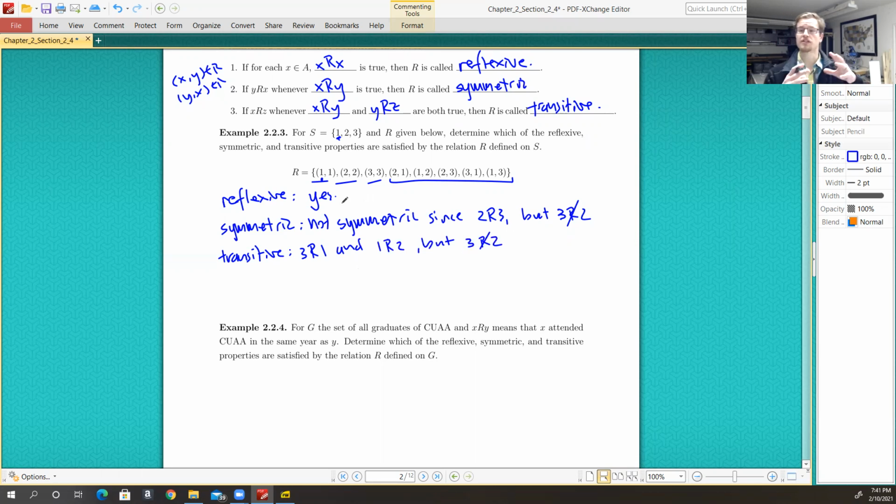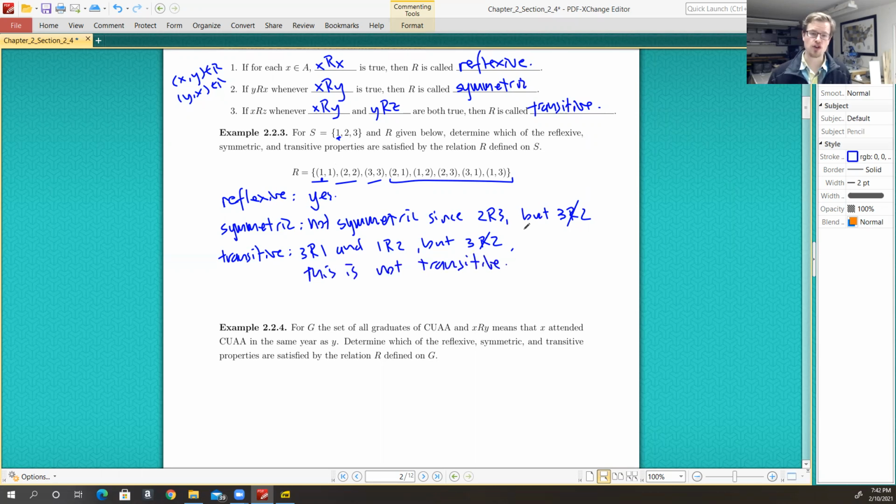So I wasn't using the fact that it's not symmetric to show that it's not transitive, but I was simply observing that this element does not belong to the relation R. Okay, 3 is not related to 2. All right, so 3 is related to 1, 1 is related to 2, but 3 is not related to 2. What does that tell us? This is not transitive.